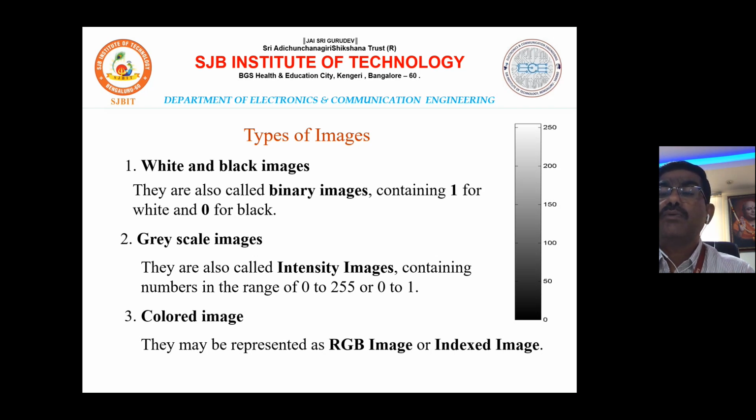Okay, this is what I wanted to explain. Let me conclude: definition of digital image, processing of digital image, representation of digital image, then types of digital image. These three topics are very important.